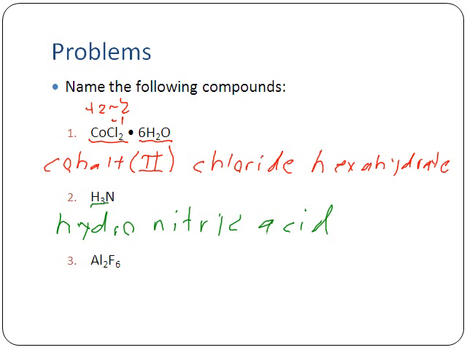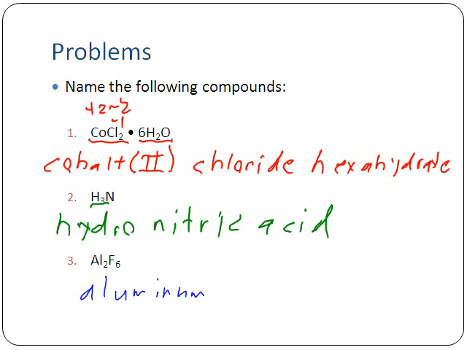You only have to put it on both if there's some question that it could be more than one possibility for both. In this case, if I have 6 fluorines, aluminum can only be 2 aluminums. There's only one possibility because there's only one valence for aluminum. And so here we start off with, I don't know why I just wrote a D, that should be an A, aluminum. So aluminum.